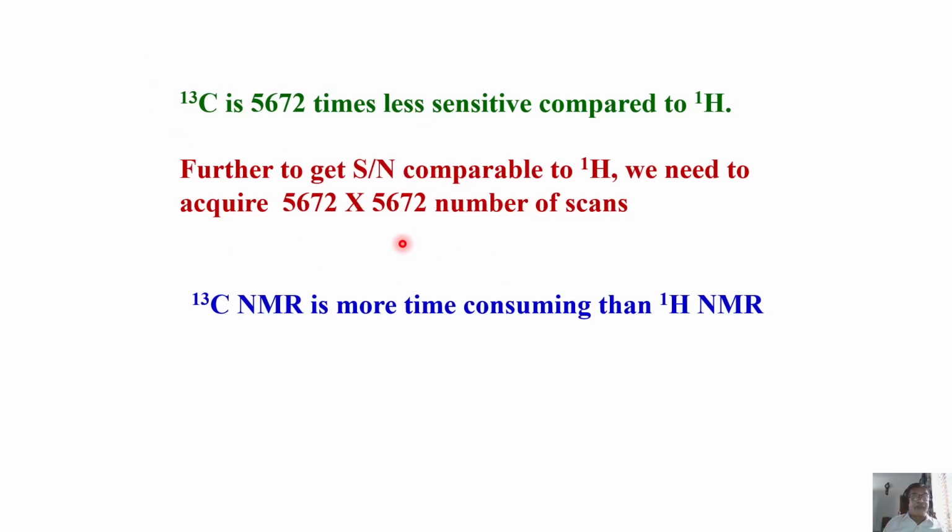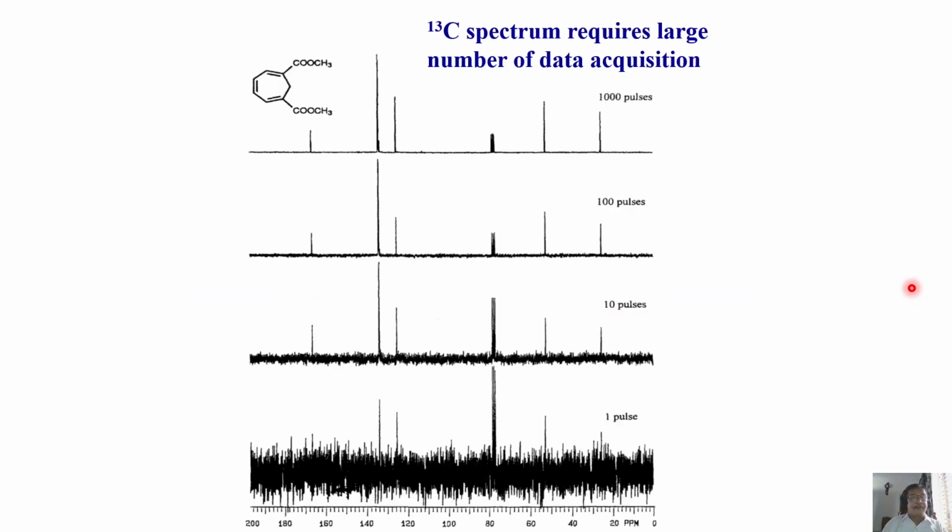Of course, further assuming various other parameters in NMR like relaxation, etc. are identical. If it is not, it is a different question again. But it doesn't matter. All this tells me the carbon-13 NMR is more time consuming than proton NMR. Understood the point? Carbon-13 NMR is more time consuming than proton NMR.